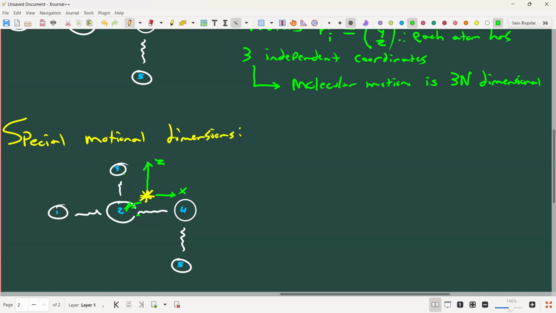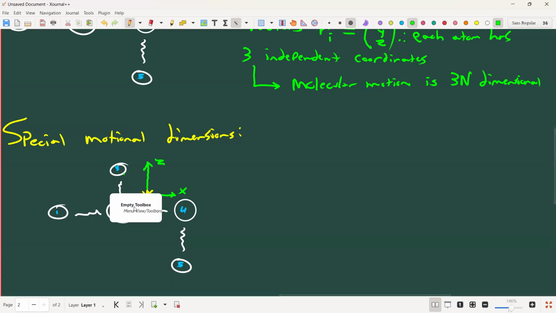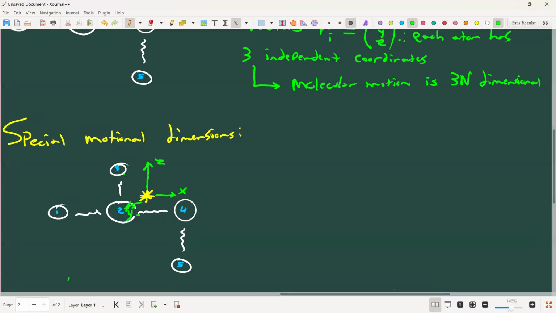If I move the system so that the center of mass is translating, all the atoms stay at the same place relative to each other. The whole molecule is moving as I move the center of mass. If I grab this, all the atoms are fixed relative to it, so I can move the center of mass, all of the atoms move collectively, and none of their bonds change.